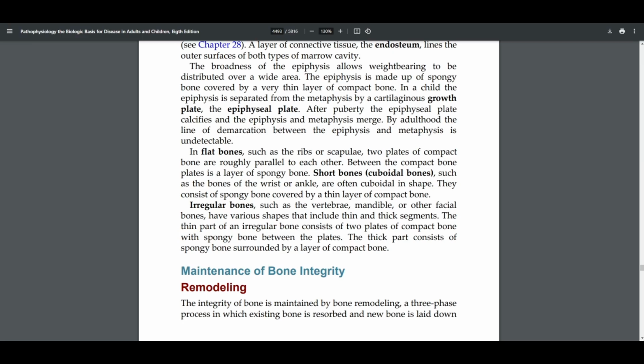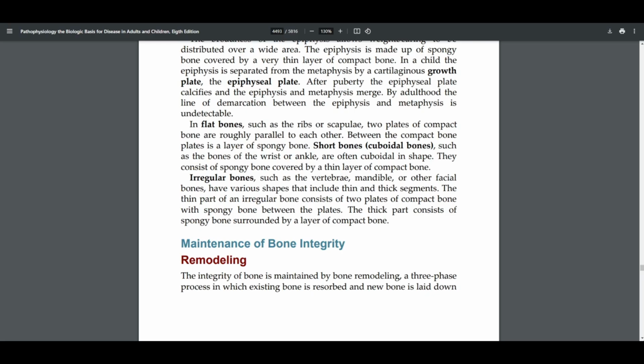The epiphysis is made up of spongy bone covered by a very thin layer of compact bone. In a child, the epiphysis is separated from the metaphysis by a cartilaginous growth plate, the epiphyseal plate. After puberty, the epiphyseal plate calcifies, and epiphysis and metaphysis merge. By adulthood, the line of demarcation between the epiphysis and metaphysis is undetectable.